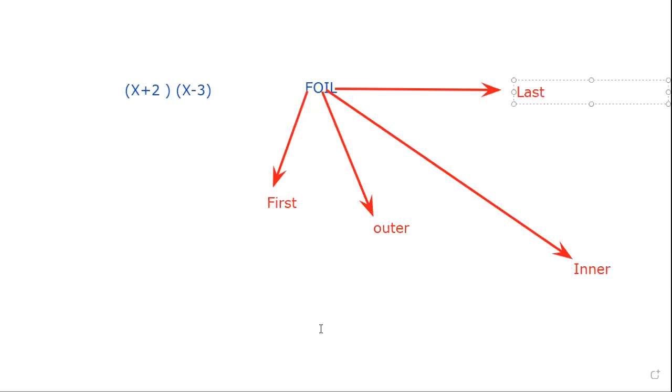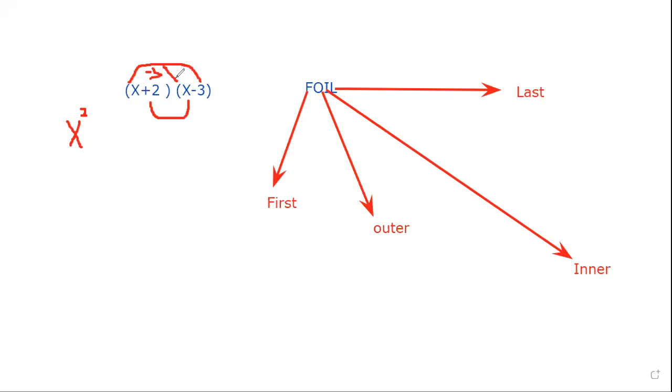So if I want to simplify now those two binomials, what is the answer? We will start with first, x times x, so it will be x to the power of 2. After that, outer and inner. For outer, it will be x times negative 3, negative 3x.